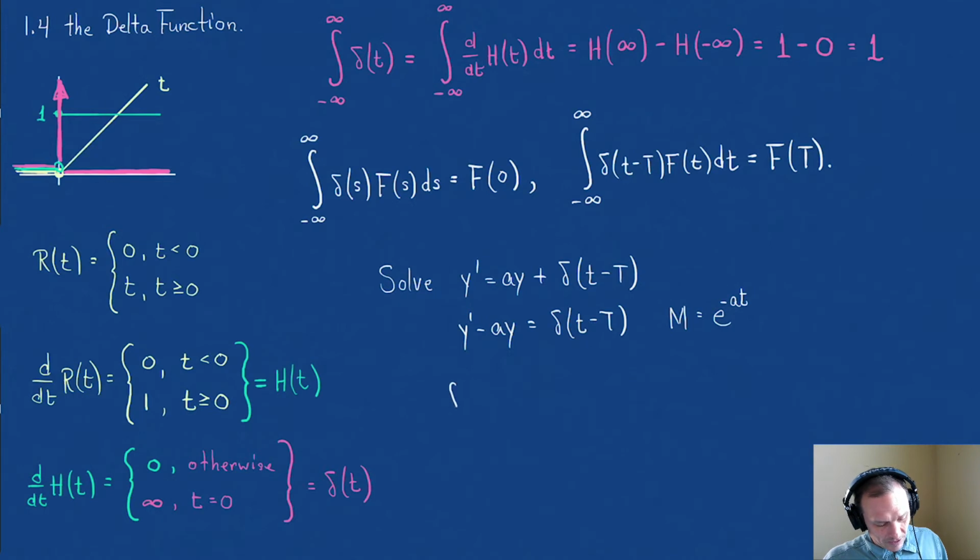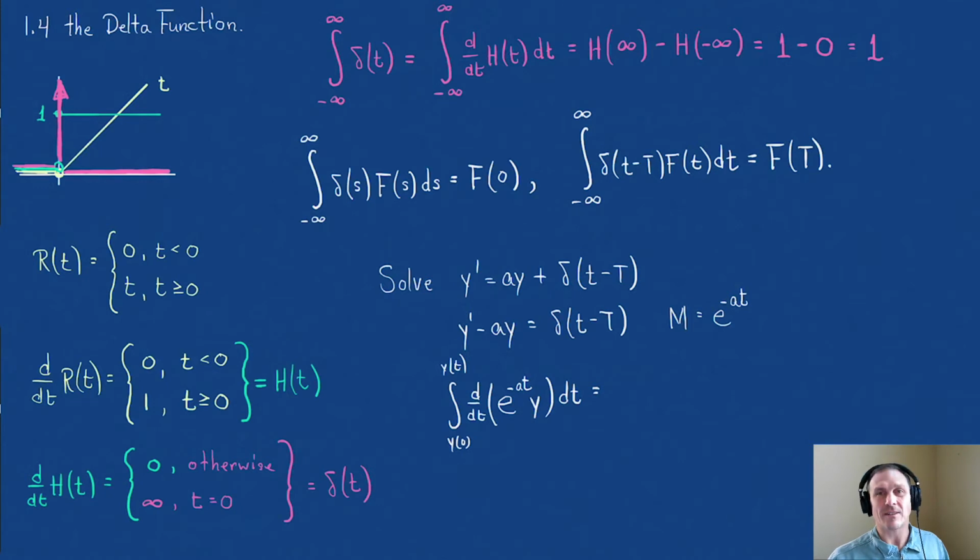Then we're going to take the integral from y of 0 to y of t of the derivative with respect to t of e to the minus at times y dt. That's what the integrating factor does. If you're a little confused on that step, we do review that in an earlier video.